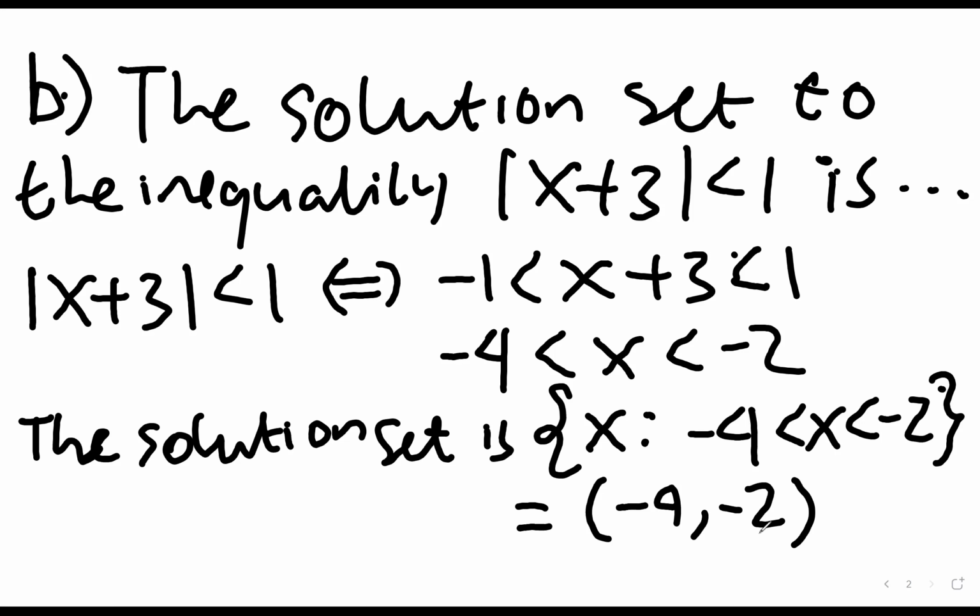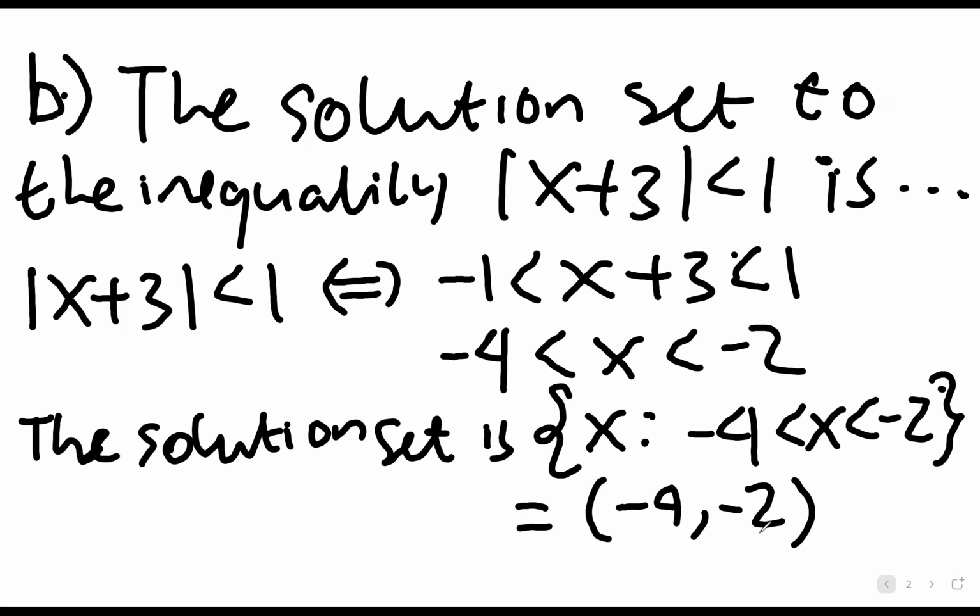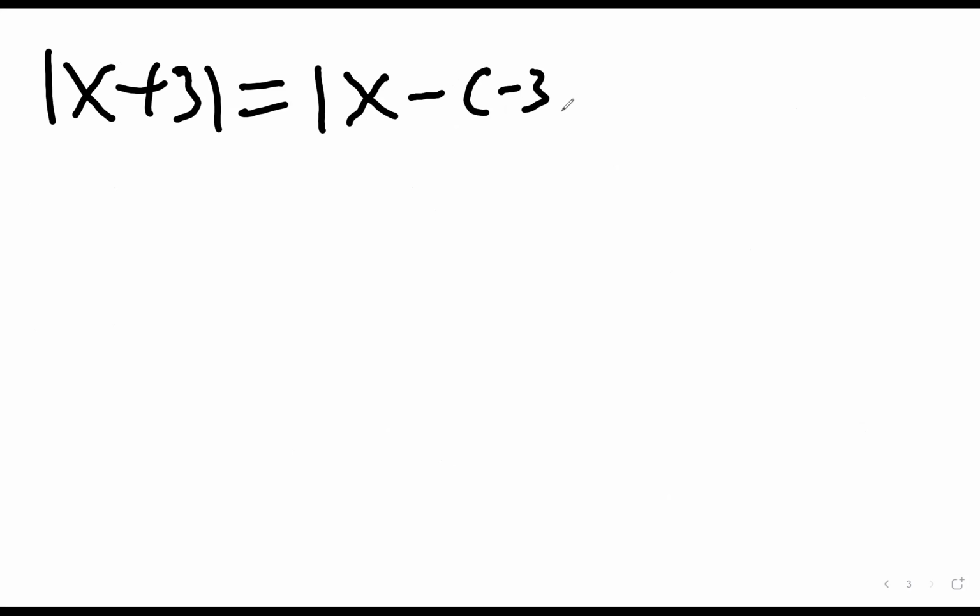Another method is that we see the interpretation of absolute value of x plus 3, as we can rewrite it as absolute value of x minus minus 3. Okay, and the interpretation is that on the real line, I will put minus 3.